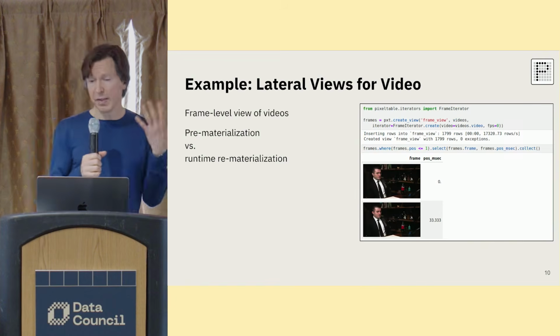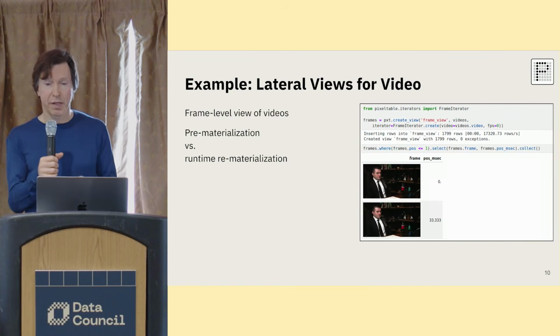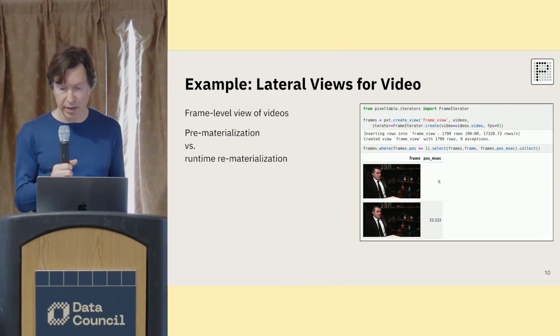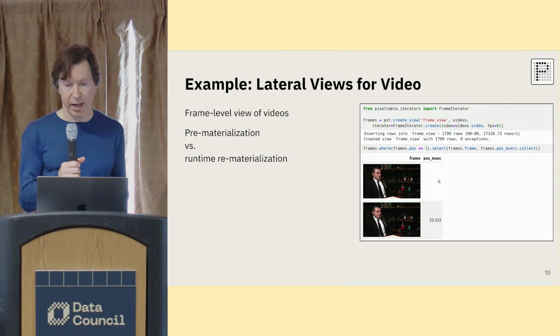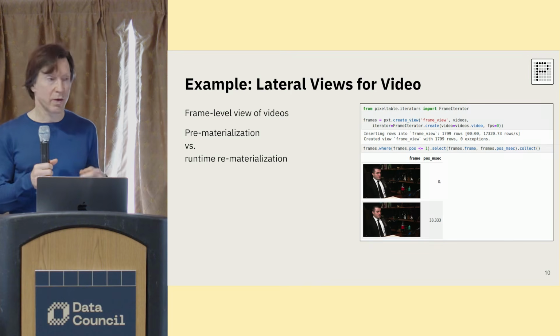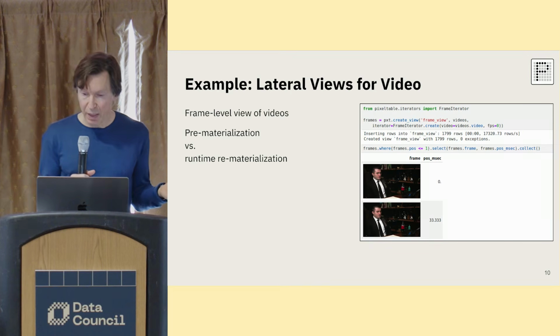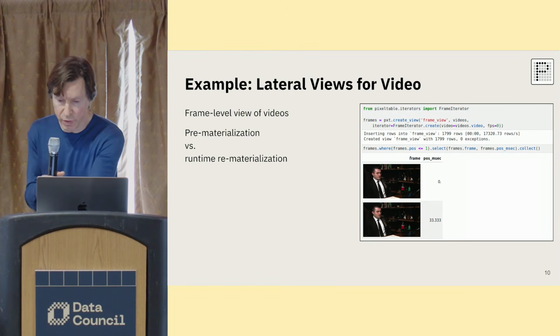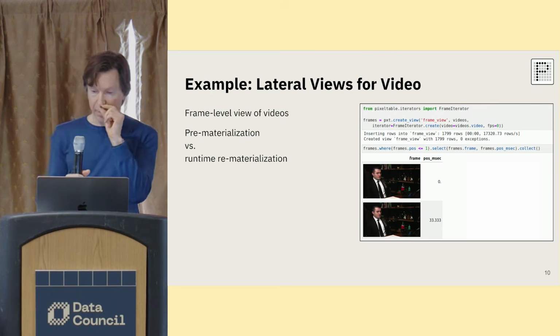And so here's another example where that happens for videos. We're using the built-in frame iterator to create a one-row-per-frame view of the video we just put into the base table. And here you're telling the iterator to run over the video column of the base table.